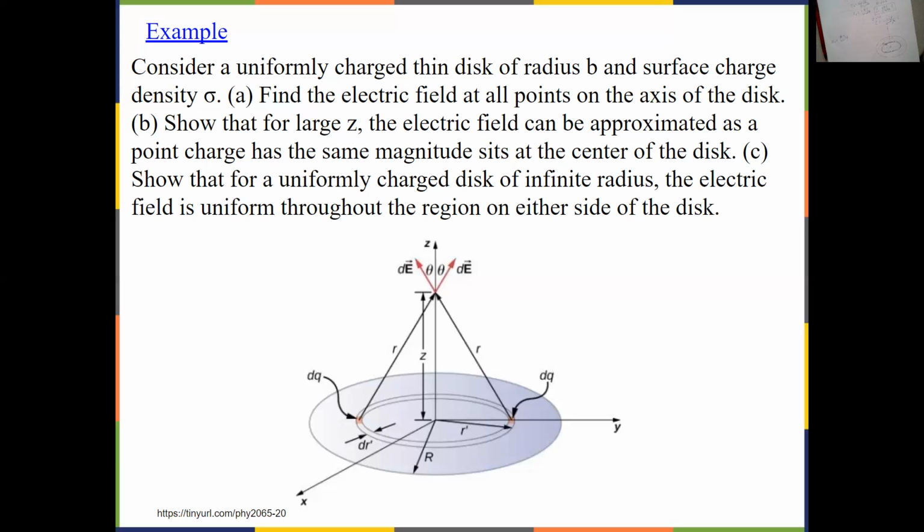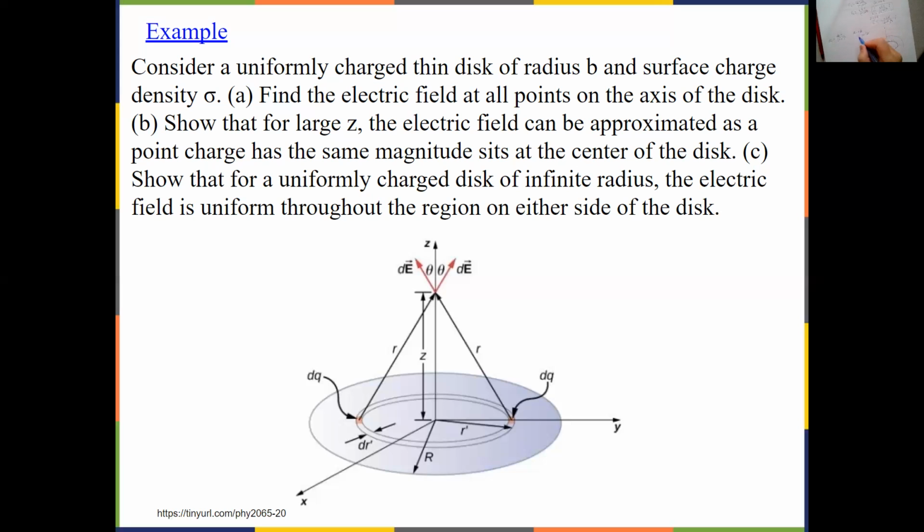Then dq will be equal to sigma times dA, where this is a ring with a thickness, and dA will be 2 pi r prime times the thickness of the ring. So dq is sigma times 2 pi r prime times dr prime.